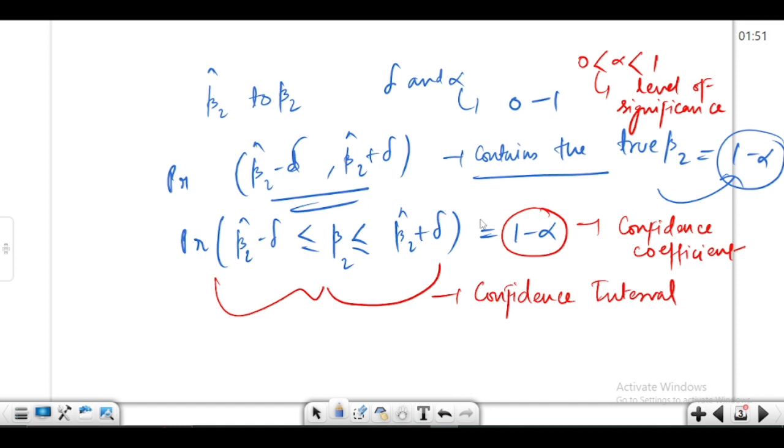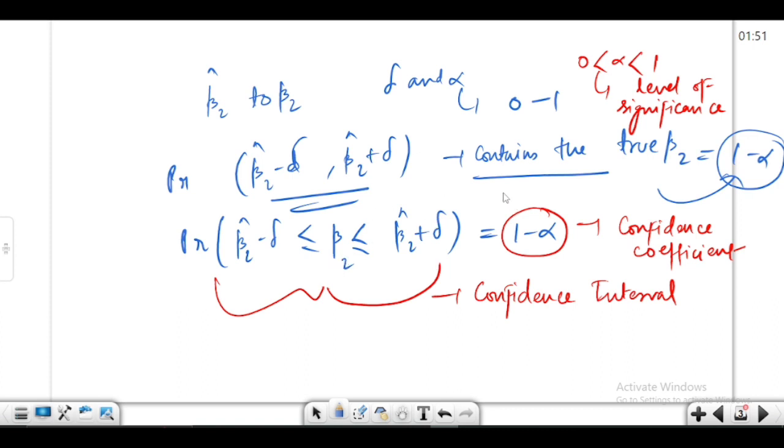You are defining delta and alpha. If you take alpha equal to 0.05, it means you are saying that you are 95% confident, or the probability of beta 2 lying in this interval is 95%.